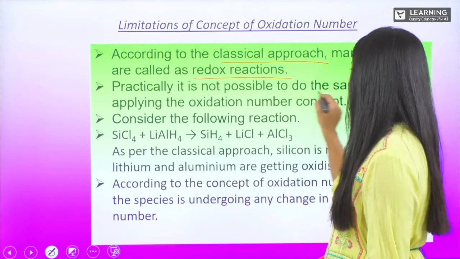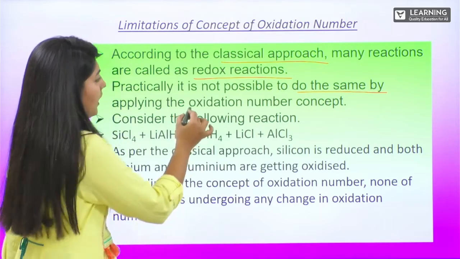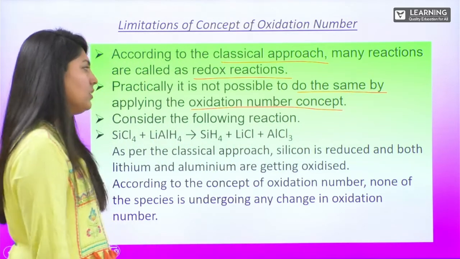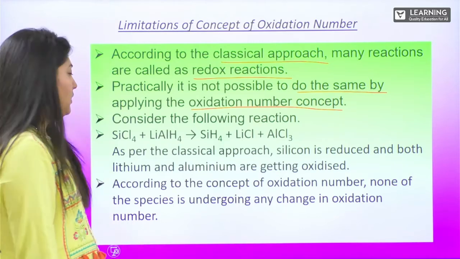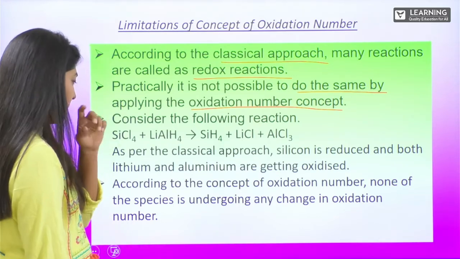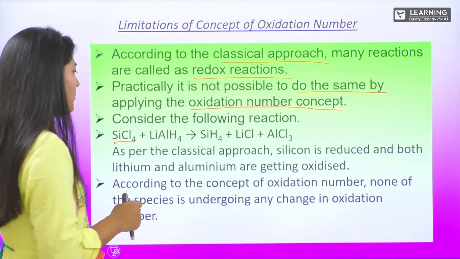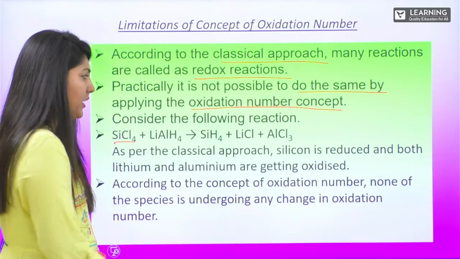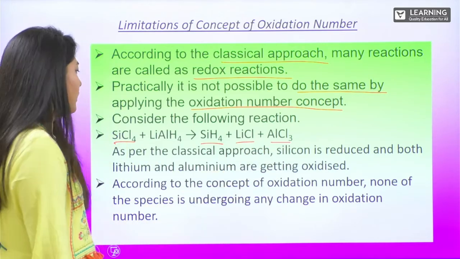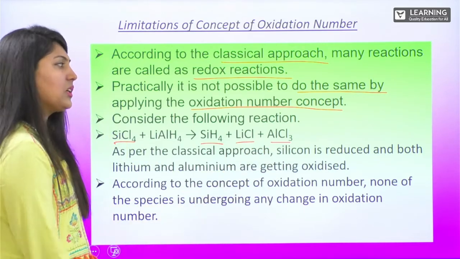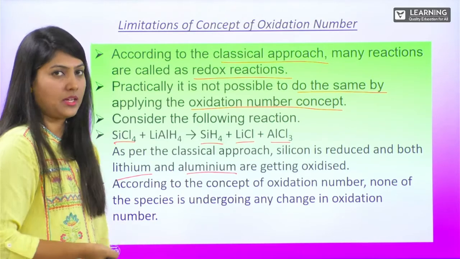Practically, it is not possible to show this by applying the oxidation number concept, because if you consider the equation: silicon chloride, lithium aluminum hydride, giving silicon hydride, lithium chloride and aluminum chloride. What happens here? Silicon is reduced and both lithium and aluminum are getting oxidized.